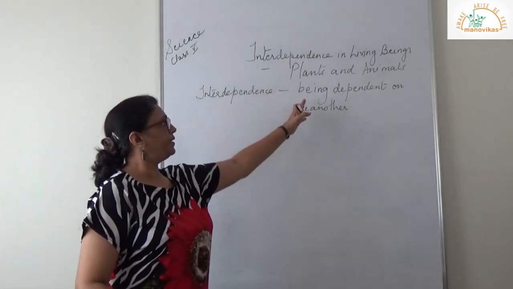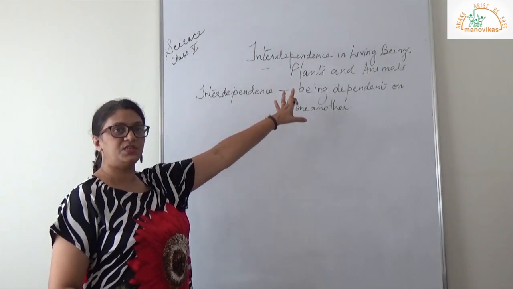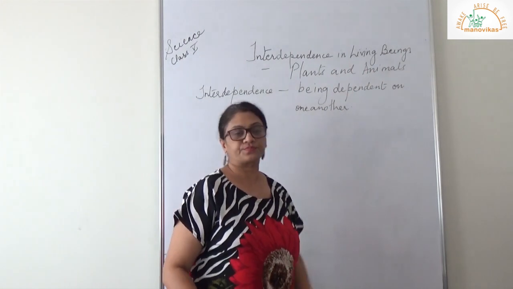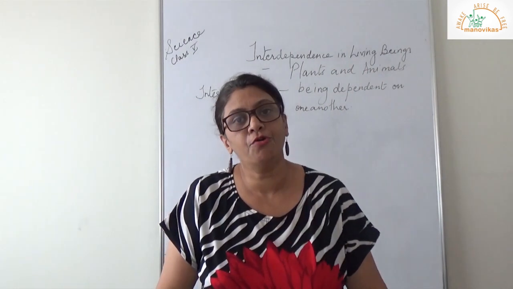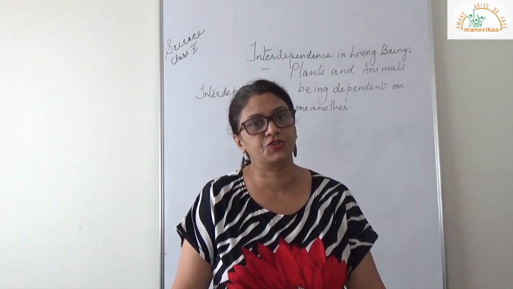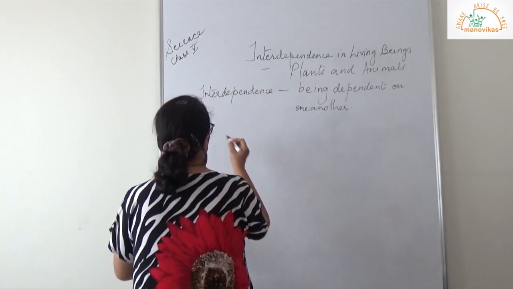Okay? Now, being dependent on one another. Who is dependent on one another? Plants and animals. Now, you know that animals, humans depend on plants for food.